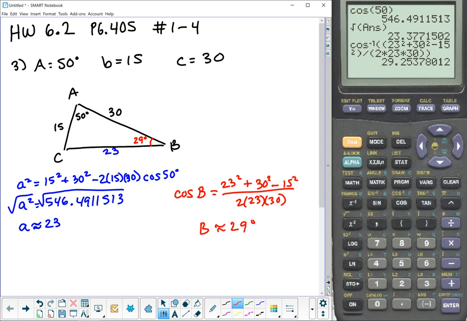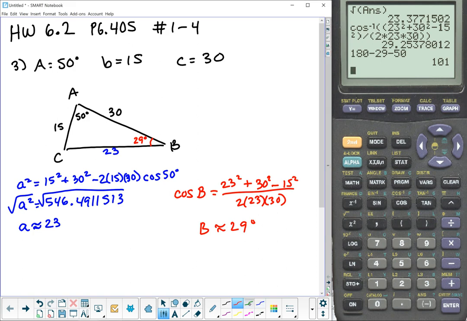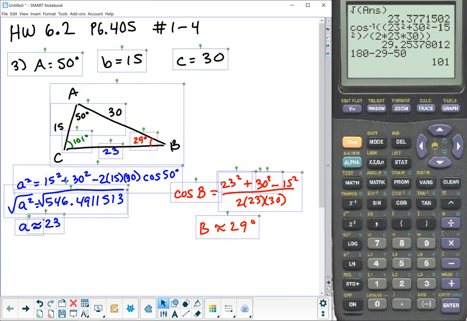Because we know angle A and angle B, we can take them away from 180. So 180 minus 29 minus 50 gets us angle C, which is 101 degrees. We solved for that triangle. Pause if you need to, because I'm going to erase it right now.